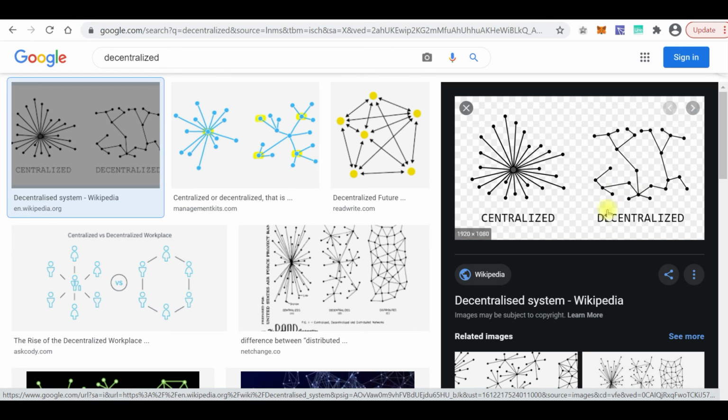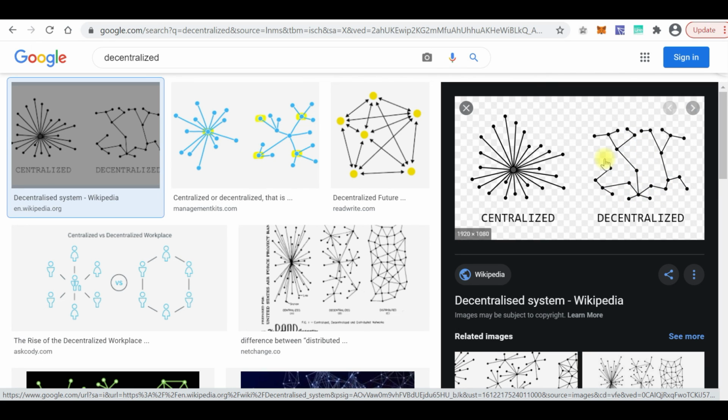Now, in a decentralized system, you could see that there is no single point of failure. Even here, you could call this like the Nigerian government, right? A central government. So it's from here that all the decisions are taken, and then all the decisions are made and then spread out. A single point of failure. In a decentralized system, there is no single point of failure, right?